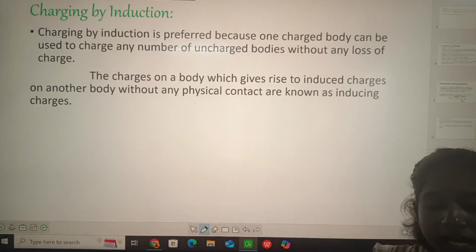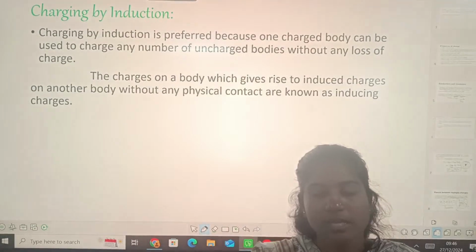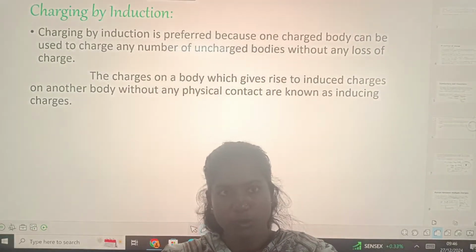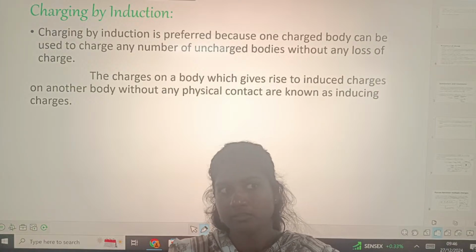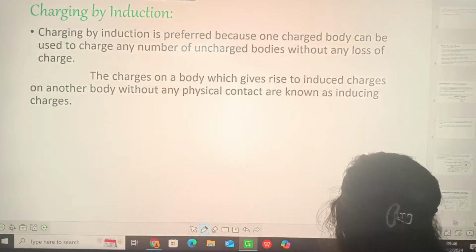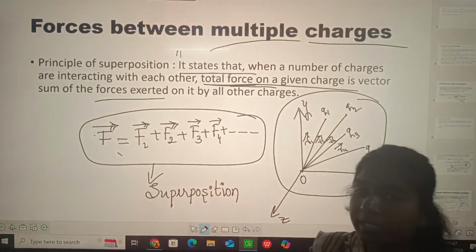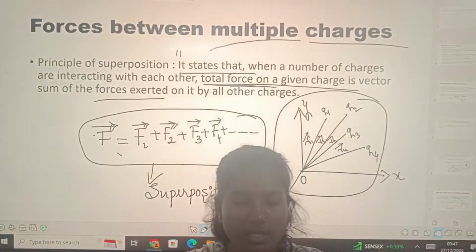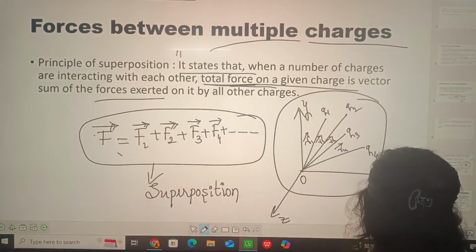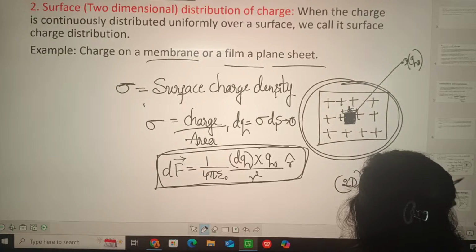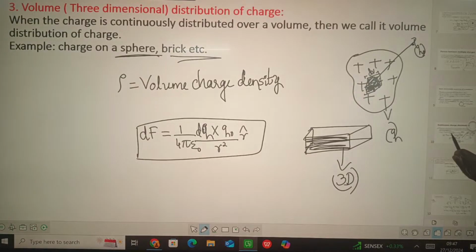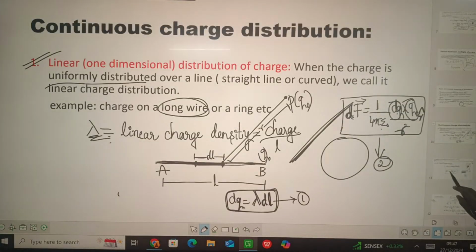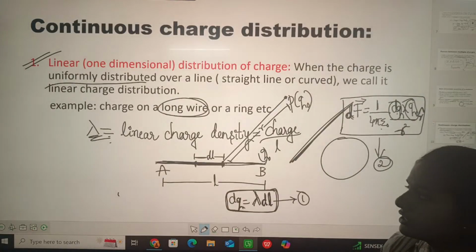We discussed its properties, its derivation, its values and some examples, and force between multiple charges, that is the principle of superposition, and some basic concepts related to multiple charges and basic electrostatic properties of the conductor, and linear charge distribution, volume charge distribution and surface charge distribution. These are all we have learnt in today's class.